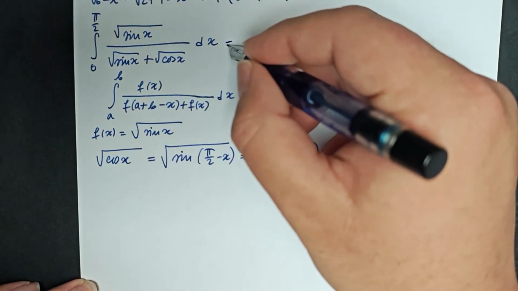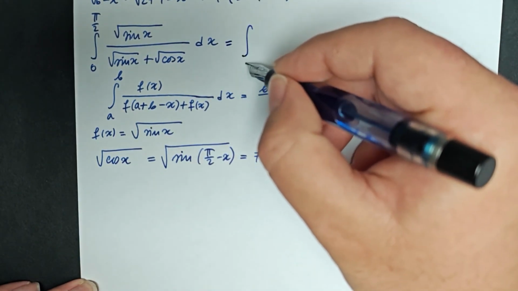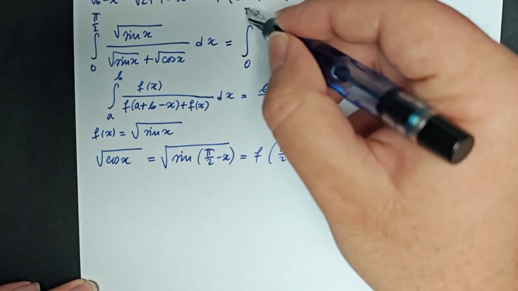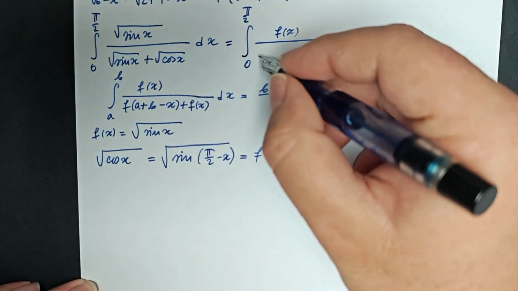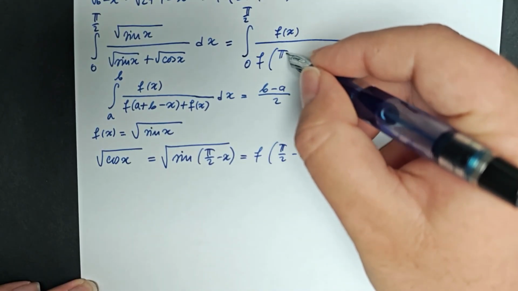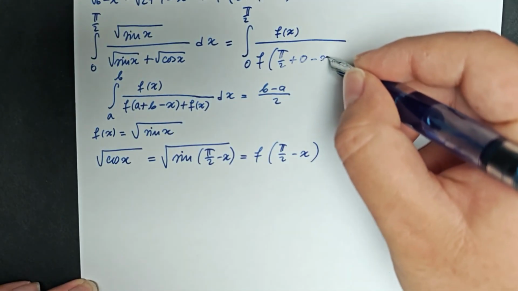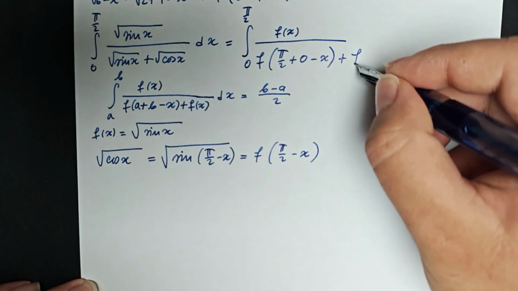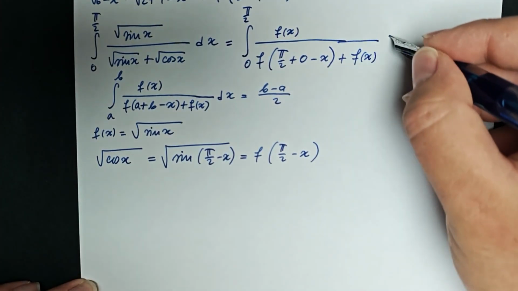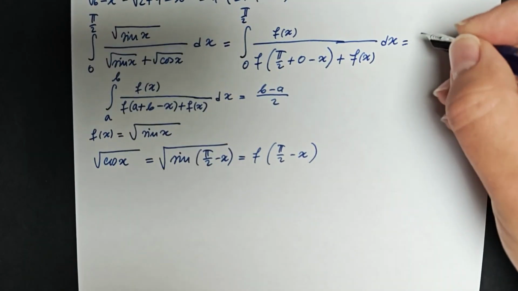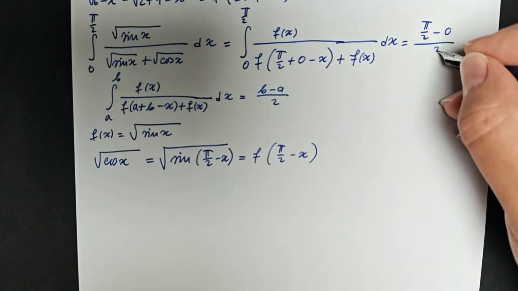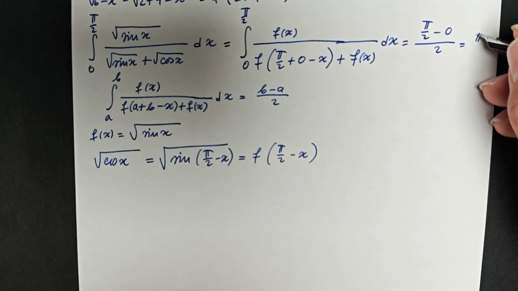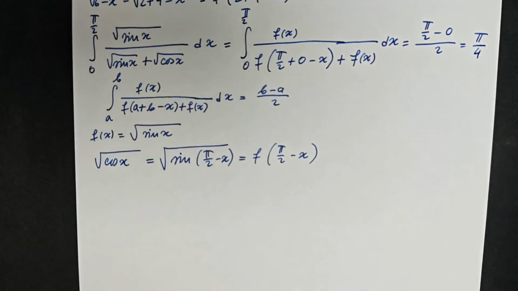We can apply the formula now and write our integral as an integral from 0 to pi half of f(x) divided by f(pi half plus 0 minus x) plus f(x), dx. The formula tells us that this is equal to (pi half minus 0) divided by 2, and that is equal to pi divided by 4.